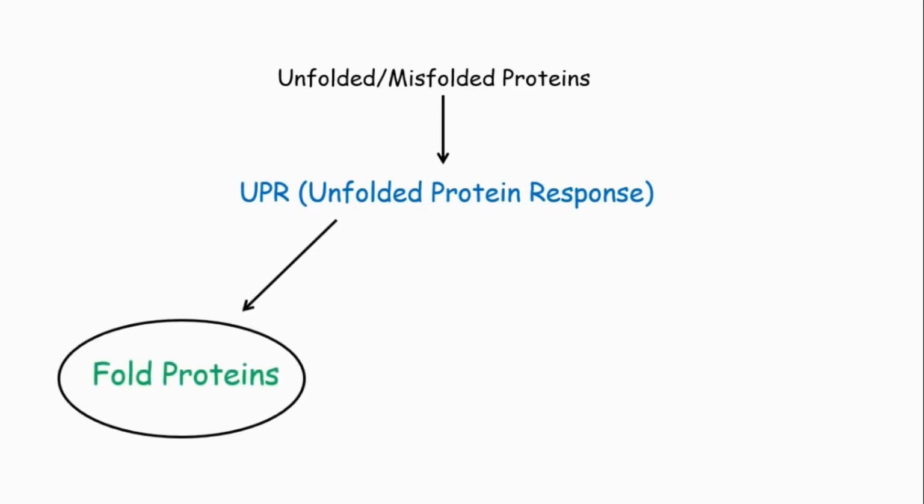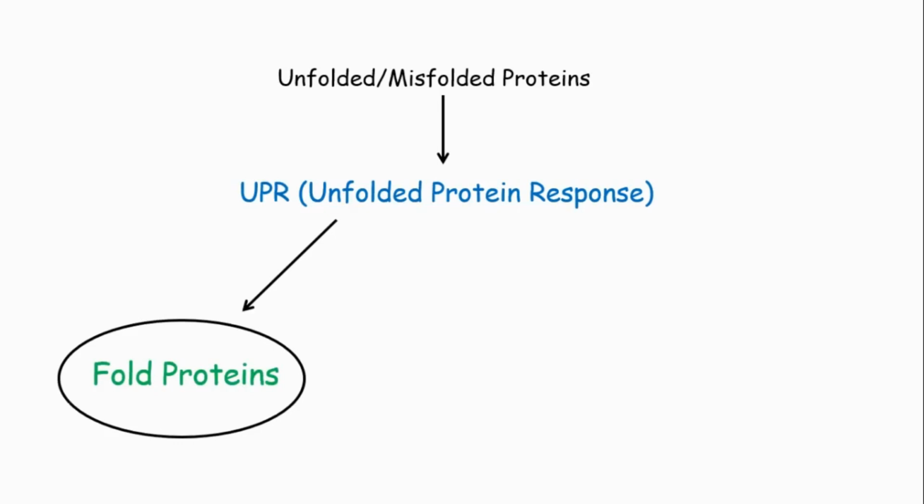When such accumulation happens, our cells make sure to eradicate such proteins or even try to fold them via a process called unfolded protein response, or simply UPR, which is initiated by the endoplasmic reticulum in our cells. This UPR ensures to again fold these unfolded proteins and also tries to destroy those which have accumulated and can't be folded.